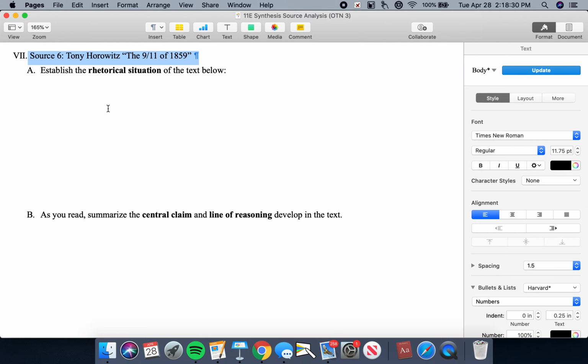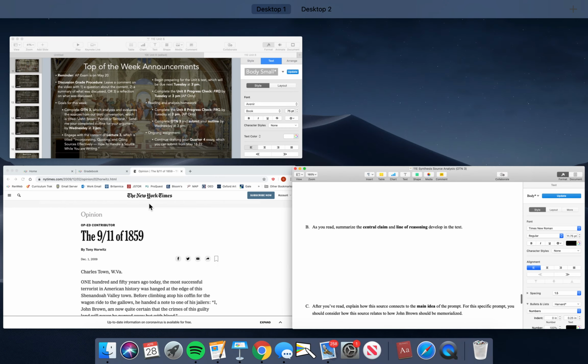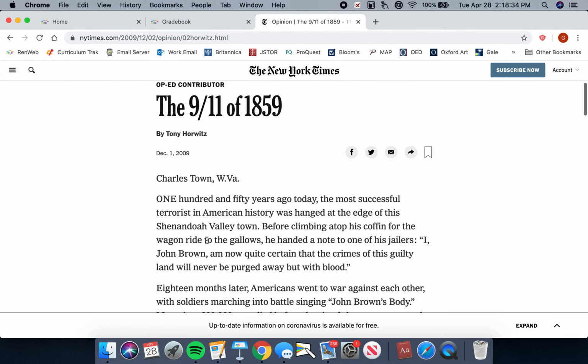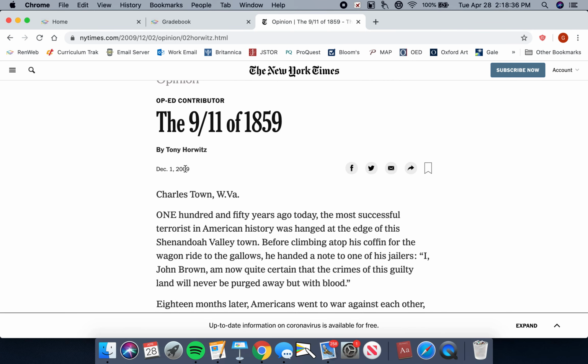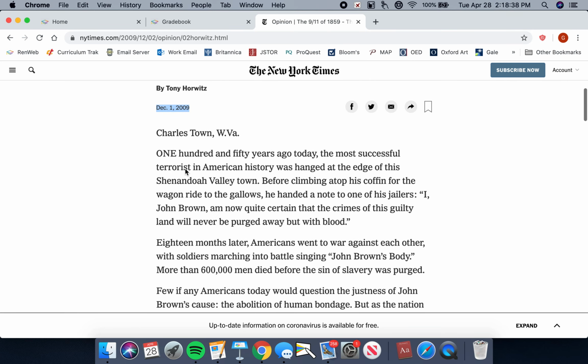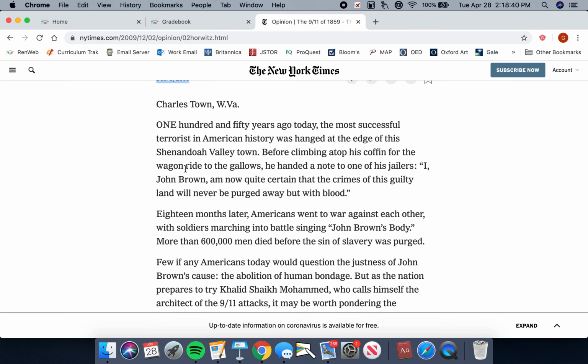Okay, so let's take a quick look at Horowitz's argument here. Okay, so it's published in the New York Times. It's an old article, but it's on file, so you can read it online if you want to. But it's also published on page 753 of your textbook.